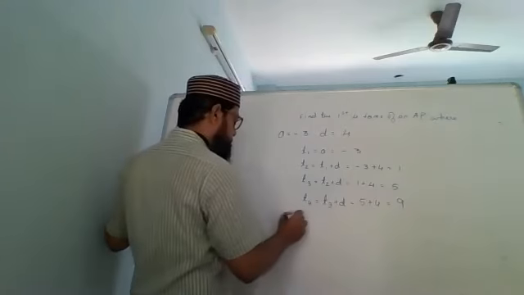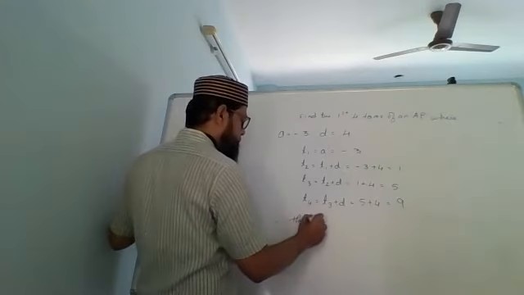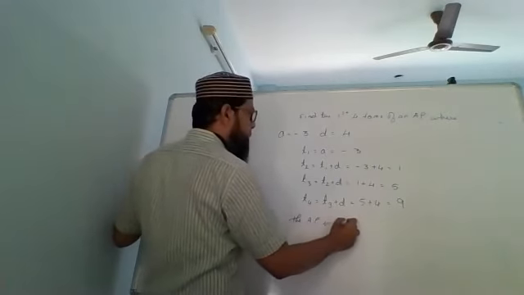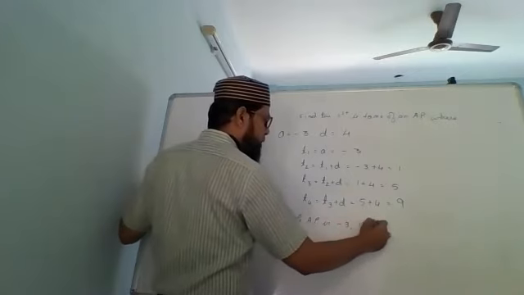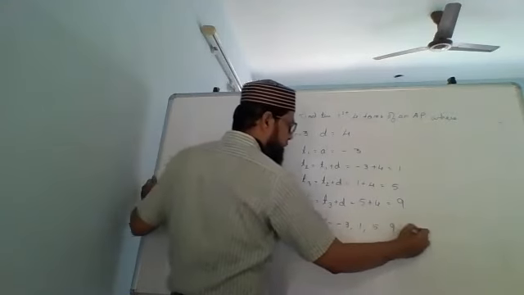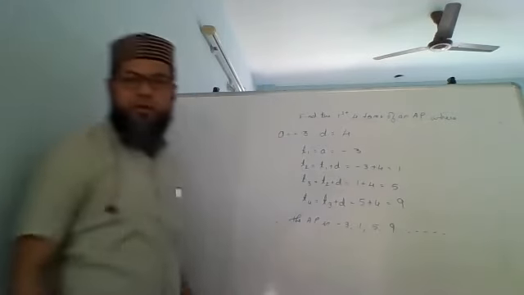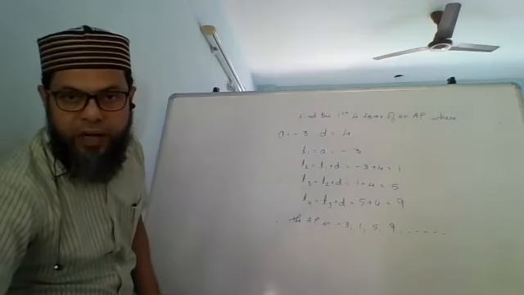So therefore the terms are minus 3, 1, 5 and 9. It's going to be that simple. Are we clear?